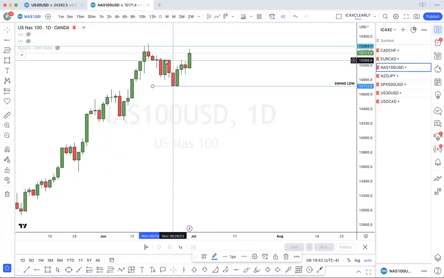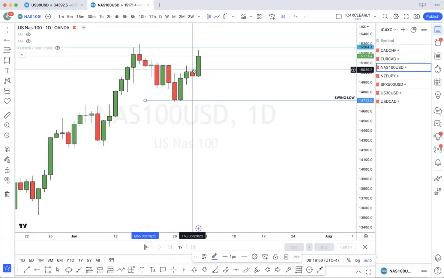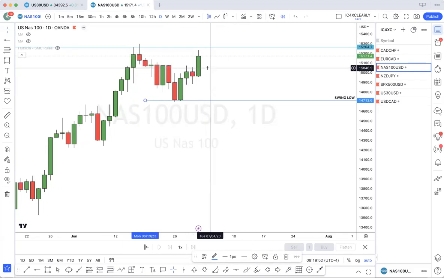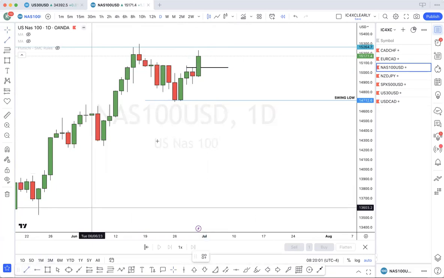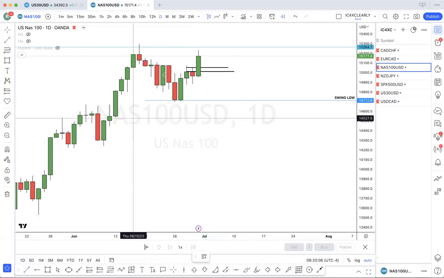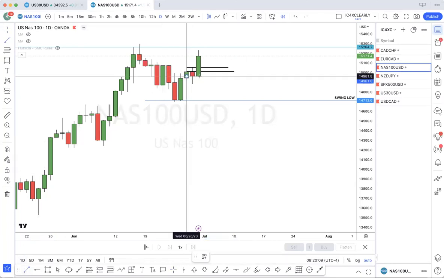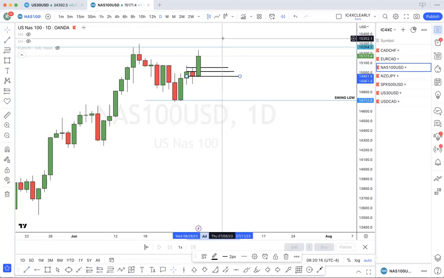And it pulled back, broke the first level of structure. So we're definitely expecting a pullback to the order block. And so we're looking for a pullback into one of these zones for a continuation of a buy.